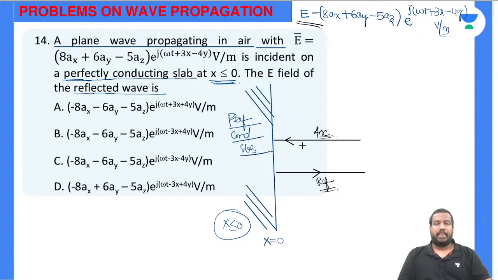How to find? This is EI. It is asking us to find ER. ER is minus EI.